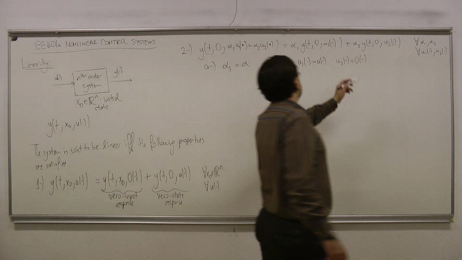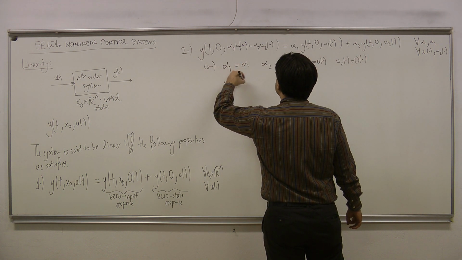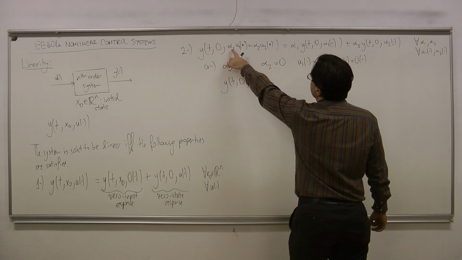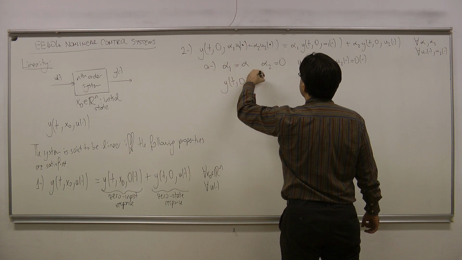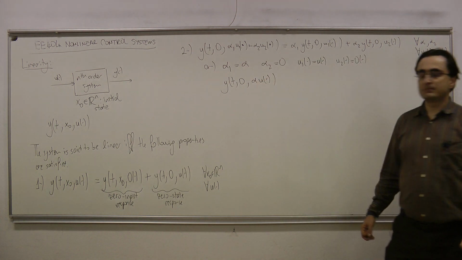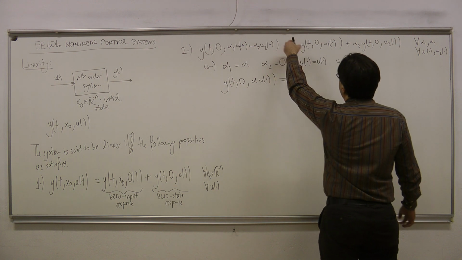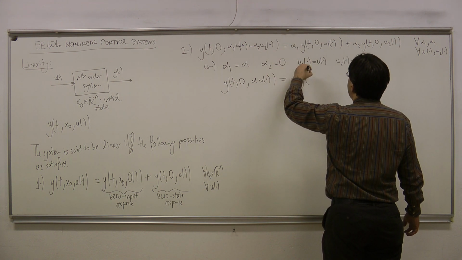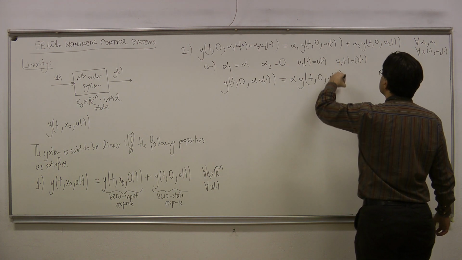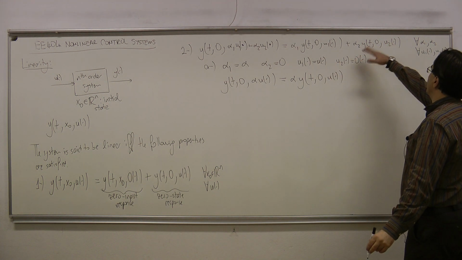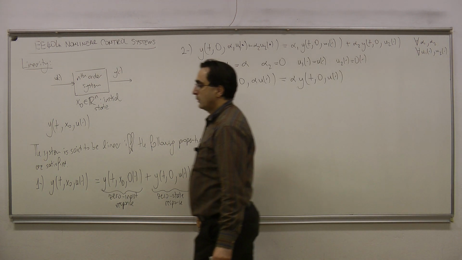With these selections, I would have the following: y(t0, alpha u plus 0 times 0). So this would be alpha times u, and that is equal to alpha 1, which is alpha, y(t0, u). And this term is equal to 0 because alpha 2 is equal to 0.